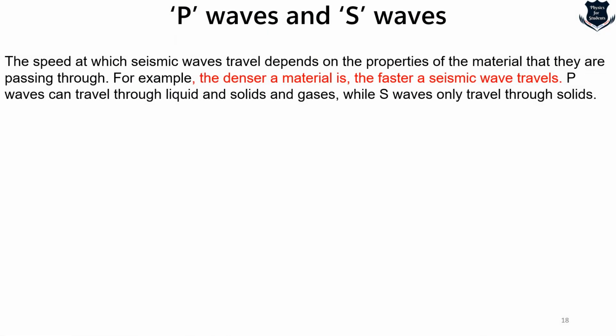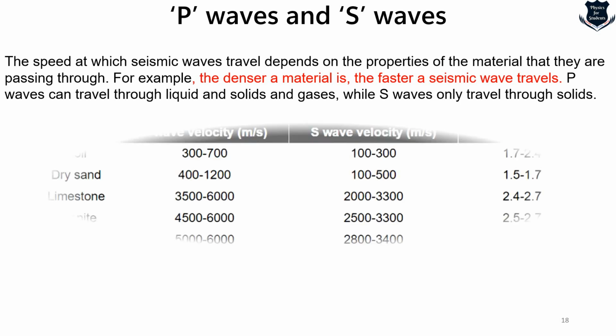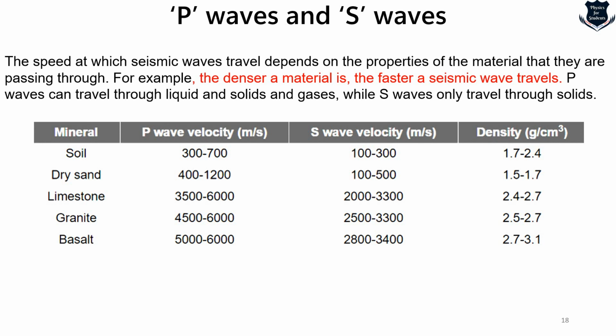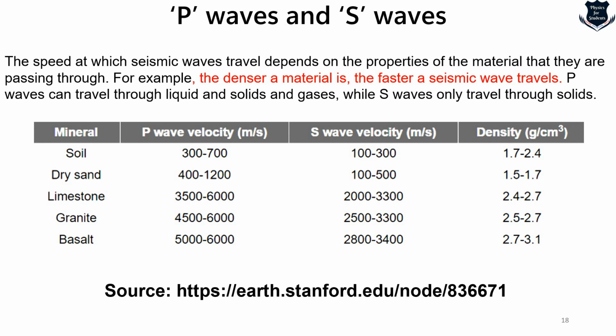The speed at which seismic waves travel depends obviously on the properties of the material it is traveling through. So in a denser material, the seismic wave is faster. Here is a nice diagram which I have taken from earth.stanford.edu. Here you can see that if I take the densest, that is 2.7 to 3.1, which is basalt, the P wave's velocity compared to others is the highest, and similarly the S wave is the highest.